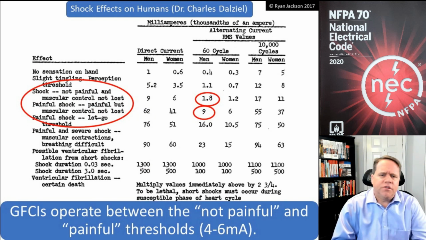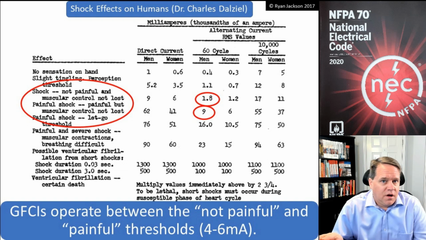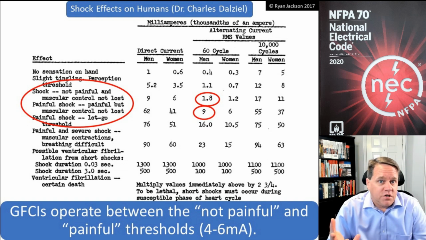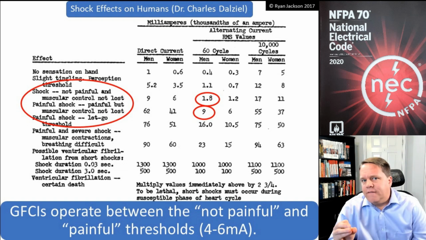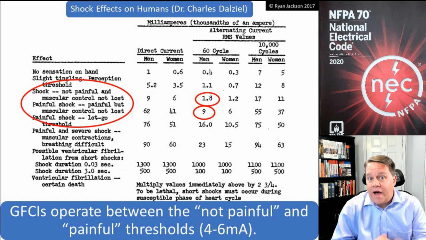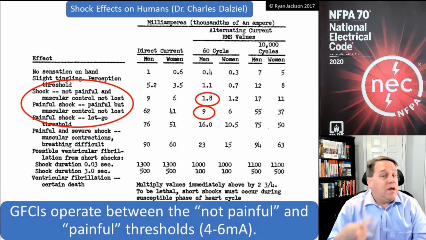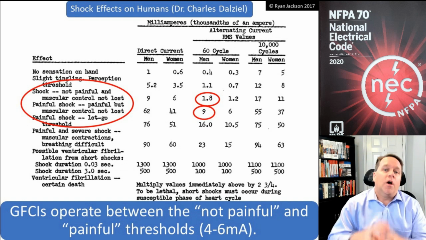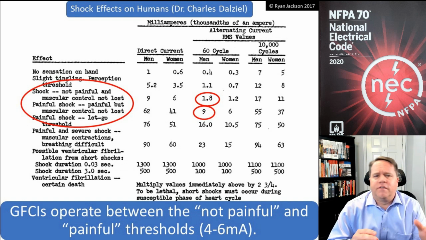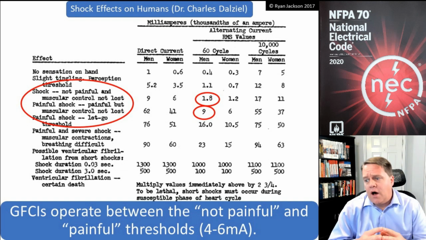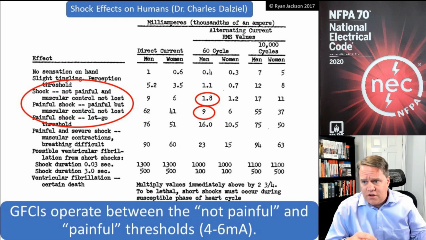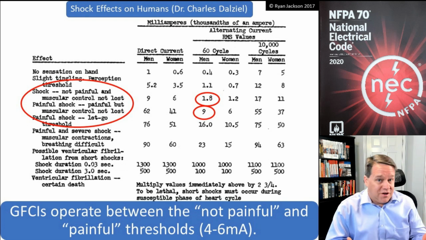Well, Dr. Charles Dalziel is the inventor of the GFCI. I don't want to say he invented it. The concept was around actually before Dr. Dalziel, but he patented it. He really figured out where it should open. We had protective devices going back to like the 1930s, but we didn't know where they should trip.